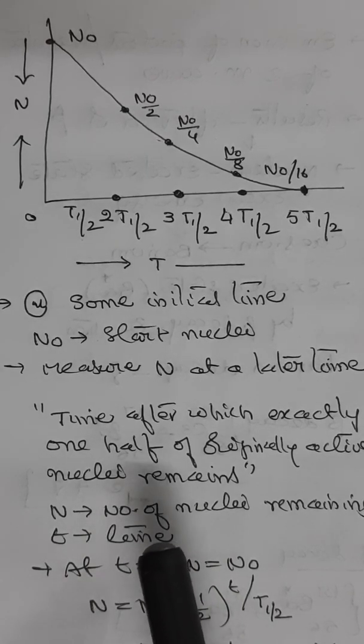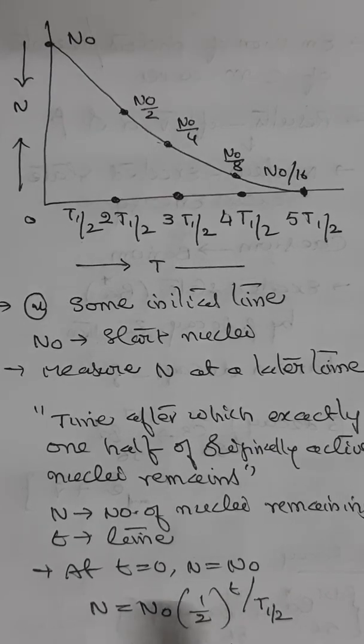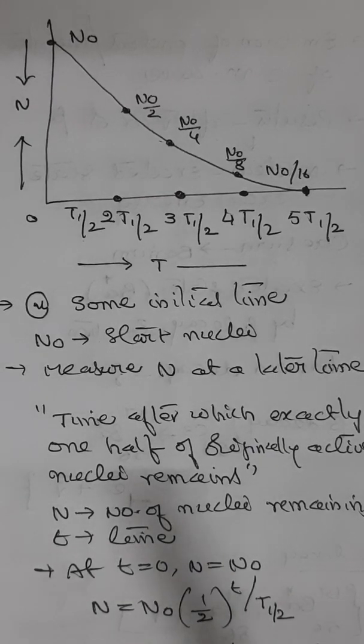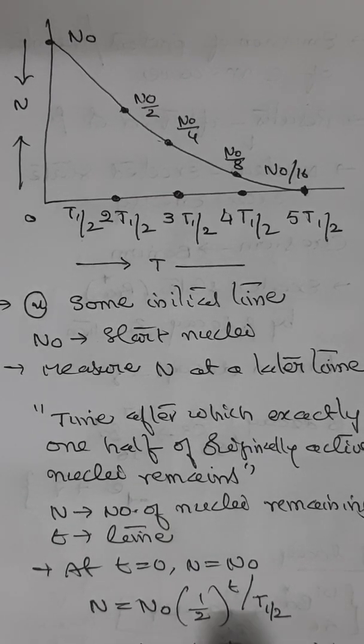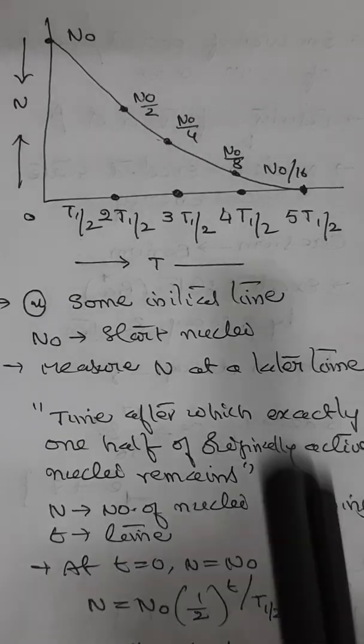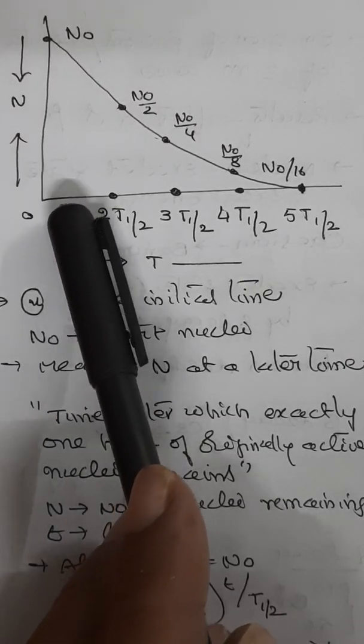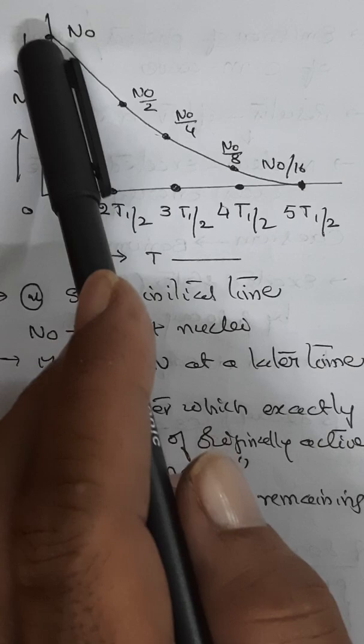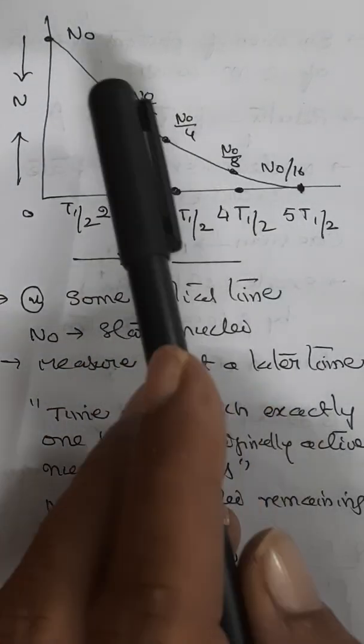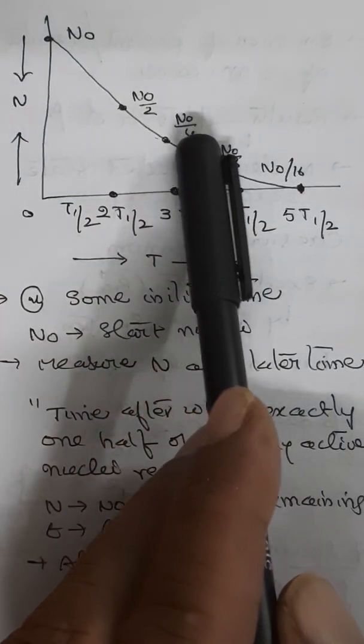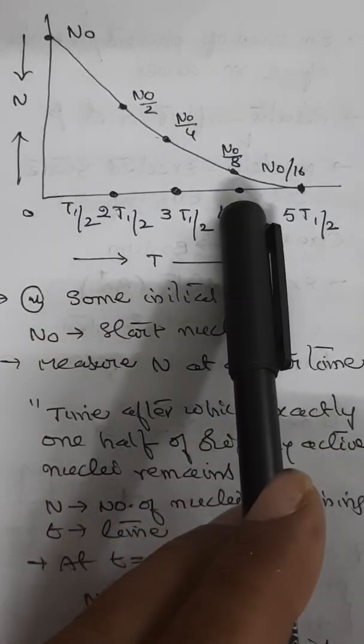It is basically N0 at time t equal to 0. We can find that with the help of an equation. Before coming to this equation, let us look at this. At each half-life, the number of nuclei are decreasing. This is the number of nuclei left after the time interval.